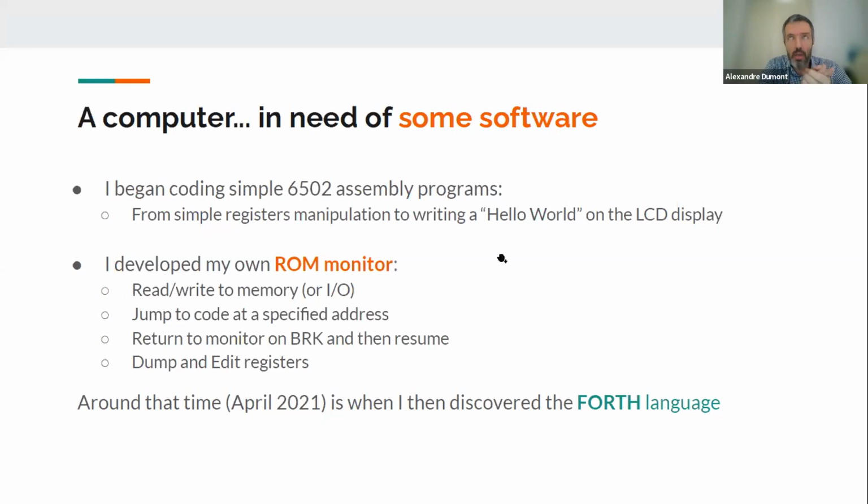And also I followed a series of videos on YouTube called Bitwise, and there are, I think, 4 to 5 chapters about building a Forth on a RISC-V architecture. I was inspired a lot by this series.